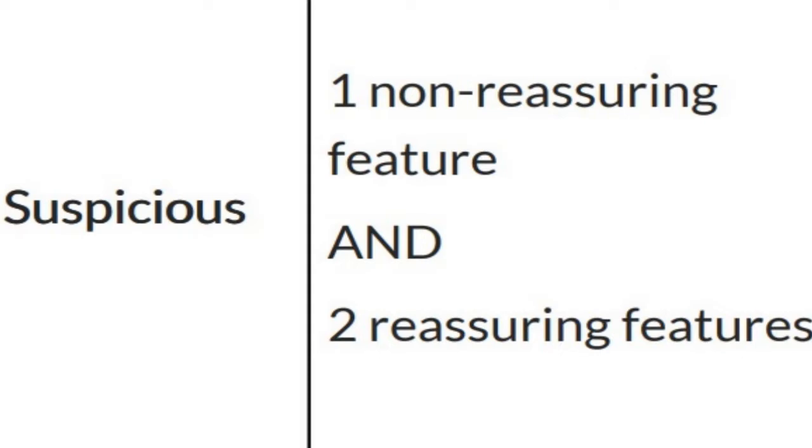So the CTG is suspicious. In this condition, the intervention will be reviewing the clinical situation to do conservative measures. Conservative measures are in the form of correcting the underlying cause like hypotension or fever or hyperstimulation.